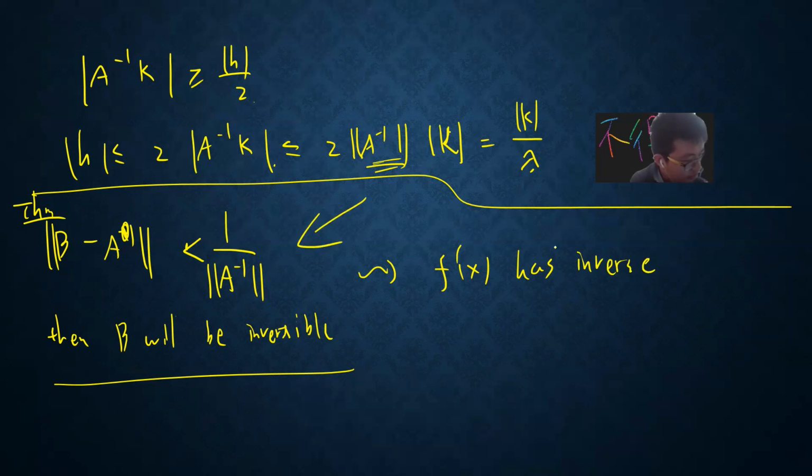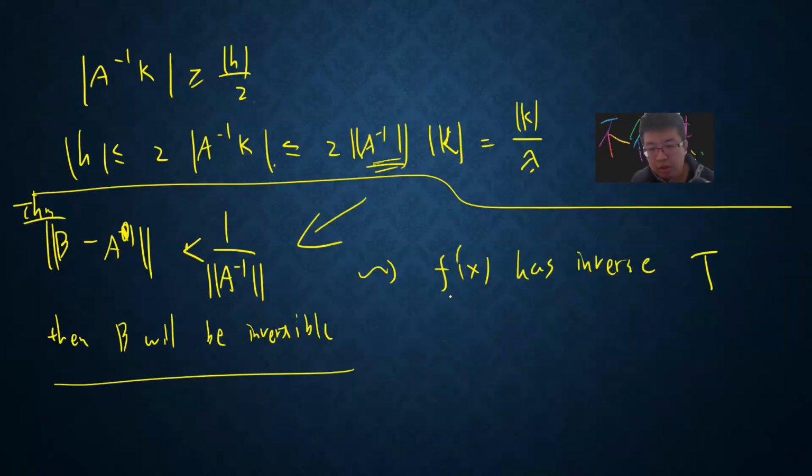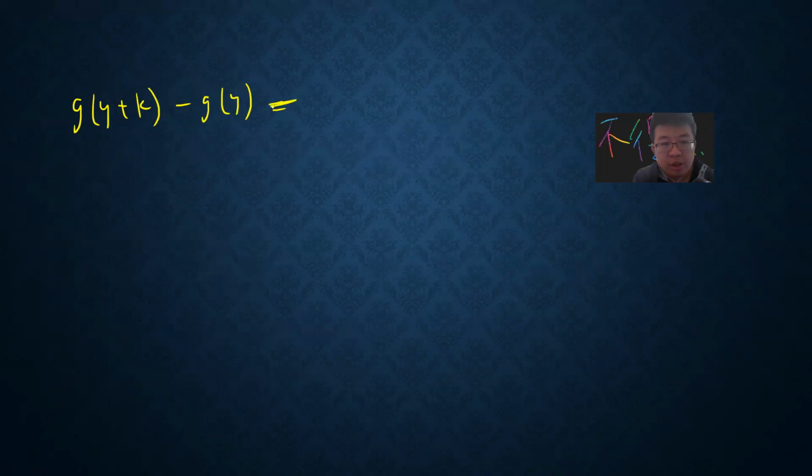Let's say its inverse is t. So the differentiation of g, which is the f inverse, has result t. That means g of y plus k minus g of y equals minus t k, by definition.